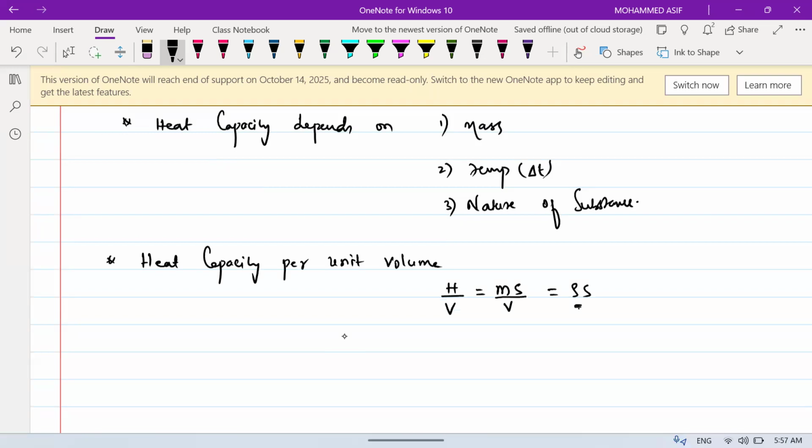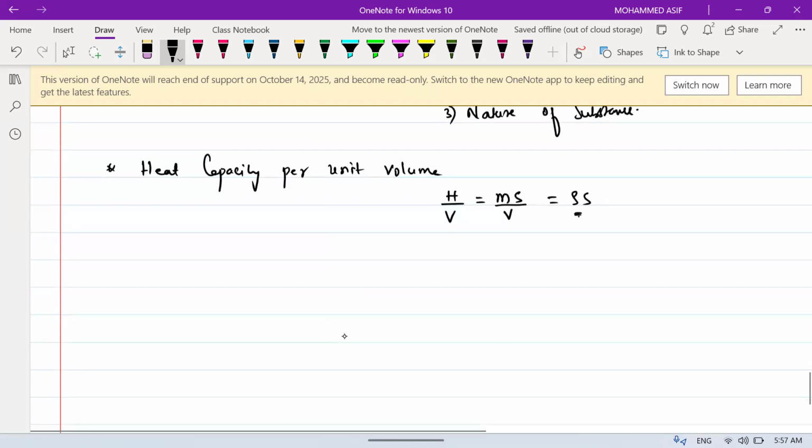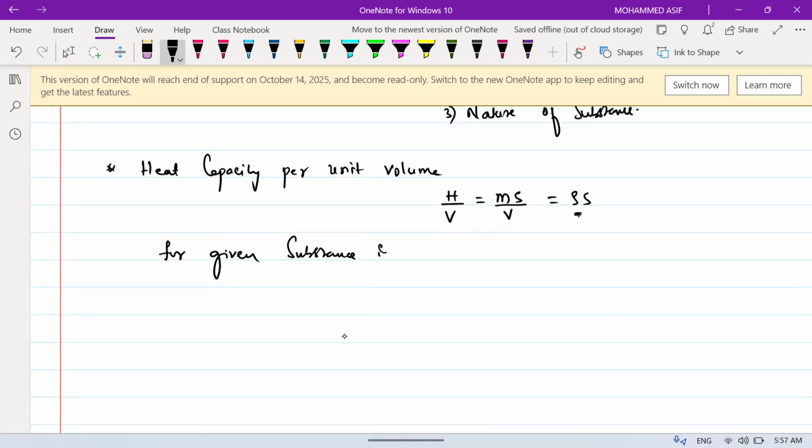That means for a given substance, if the density rho and the specific heat s are constant, then I can say that heat capacity is directly proportional to volume.